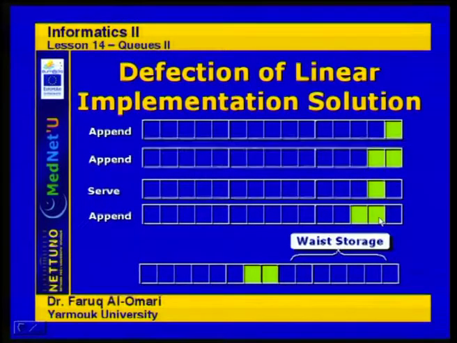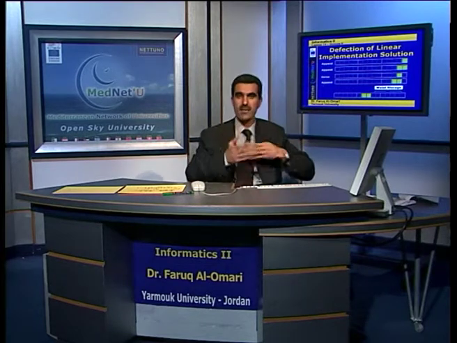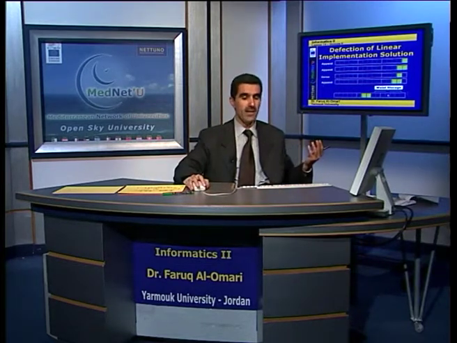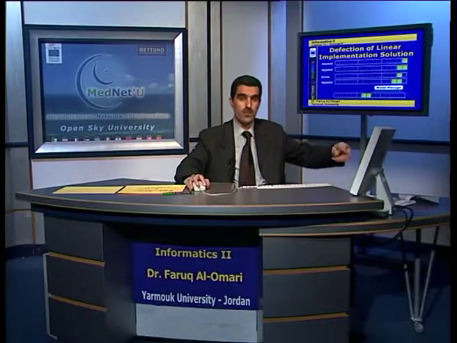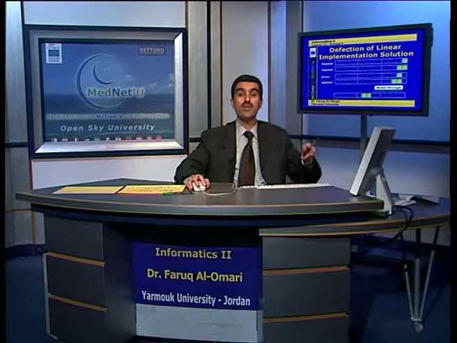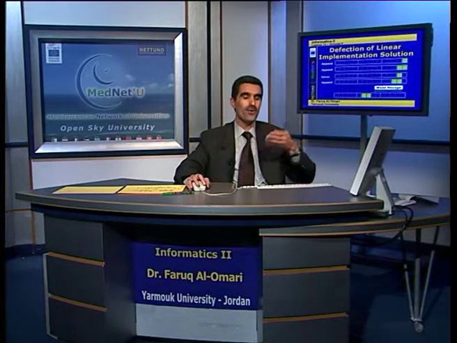Several times of these appends and services, back and forth. Well, at the end of the day, because I had so many services along the road, I served so many people, then these locations are going to be wasted storage, and I can never go back to them. Because according to the proposed solution, we don't decrement front or rear.